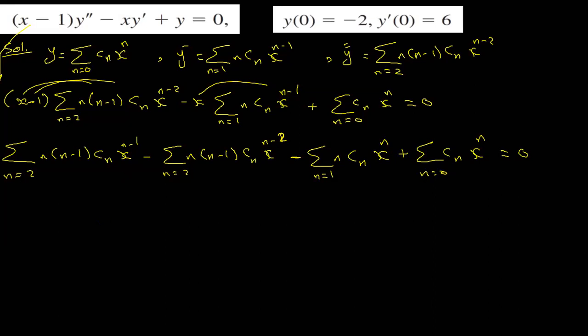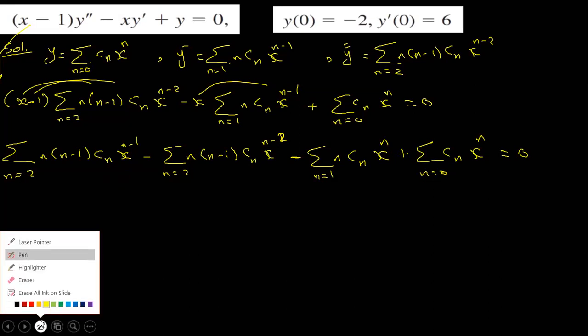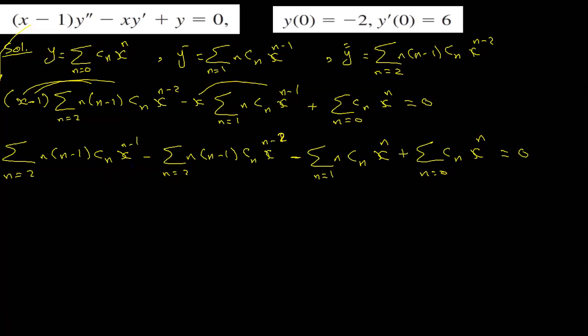Okay? Now, let me check my x. All of them should have power n, unfortunately, no. Some of them are power n minus 1 and the others are power n minus 2. So let me solve this problem by using n minus 1 to be k. That will give me n to be k plus 1. So this summation will be, instead of my n, I'm going to write k plus 1, starting from 2.